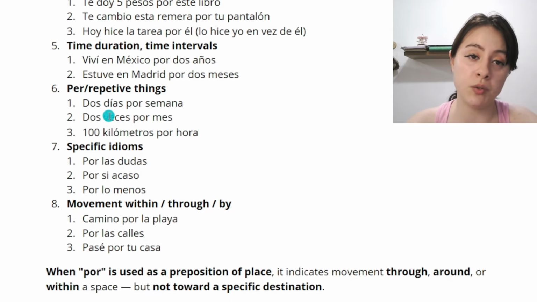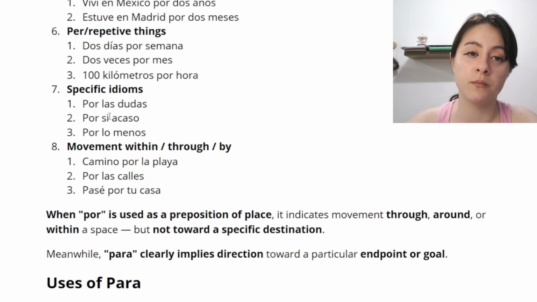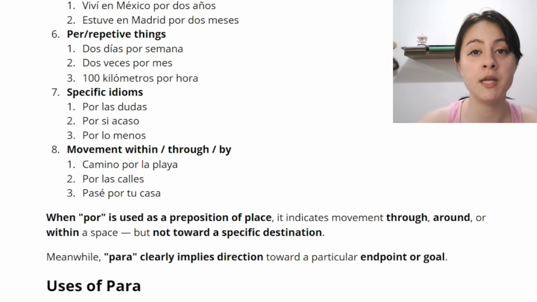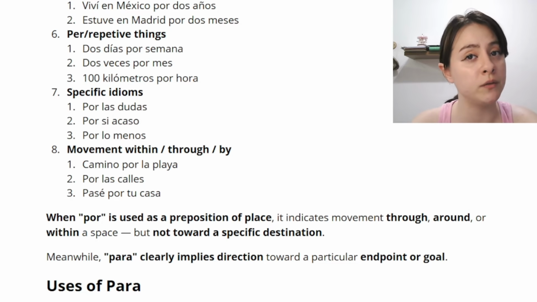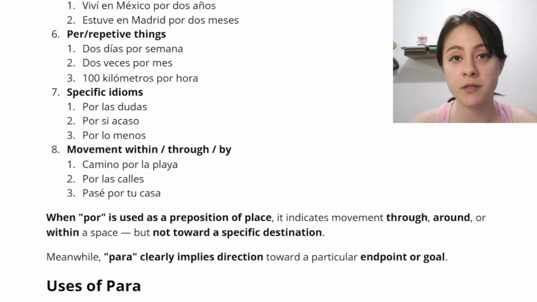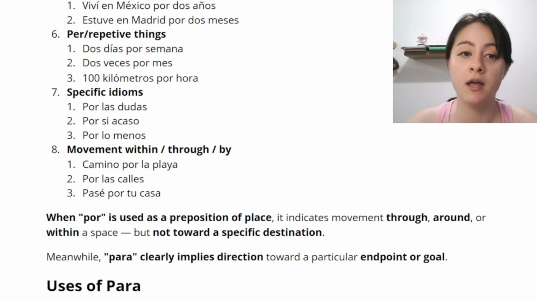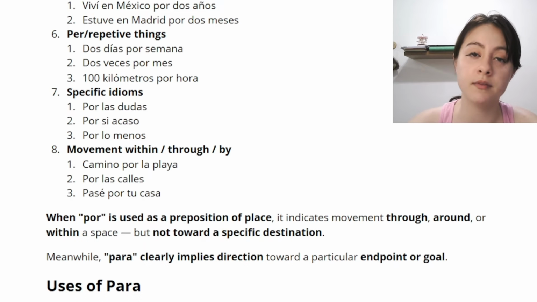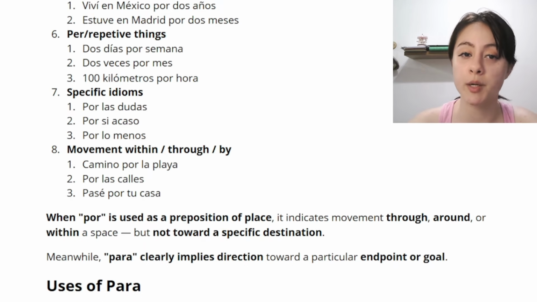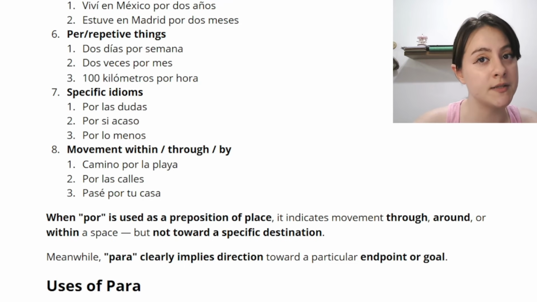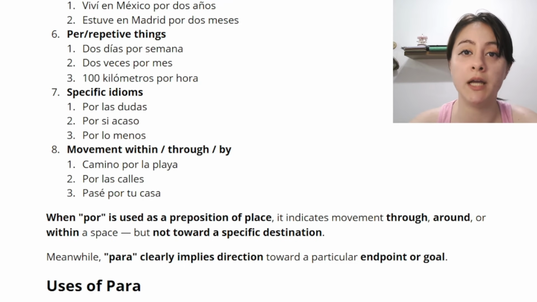Sixth use is to indicate repetitive things or certain ratios. For example, 2 días por semana, 2 days per week. Or 100 kilómetros por hora. That means 100 kilometers per hour. As you might have noticed, this is equivalent to English per.